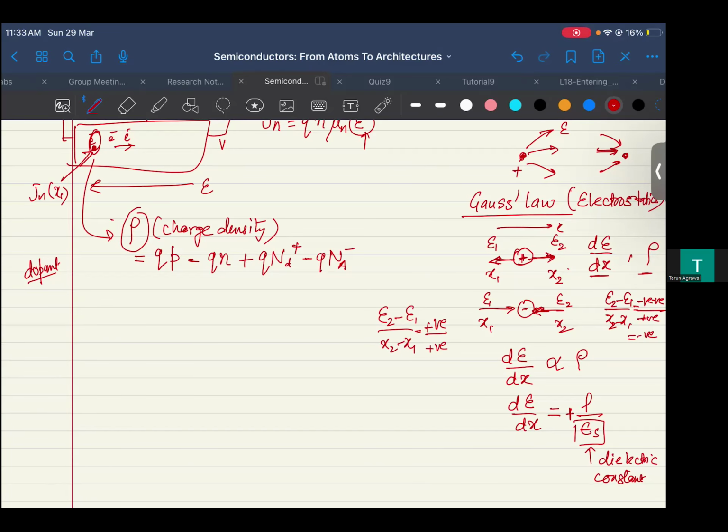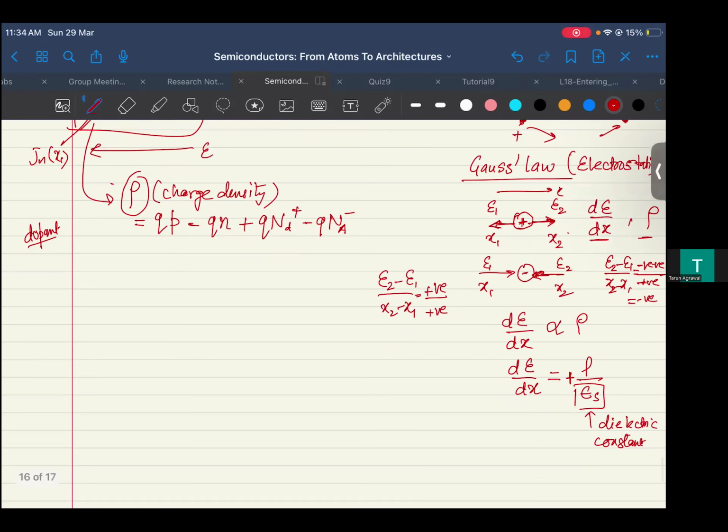So dE by dx is going to be negative. That is also reflected from rho, because rho is negative. So that is how you see that rho and dE by dx follow the same sign, very similar to the diffusion analogy which we have seen just now, right? So that is one of the key equations which you would see now: dE by dx is equal to rho by epsilon.